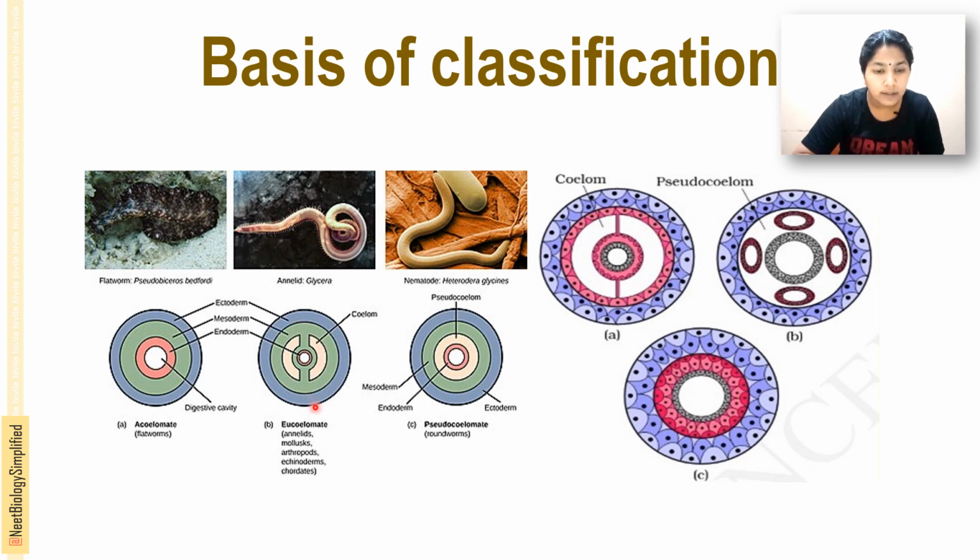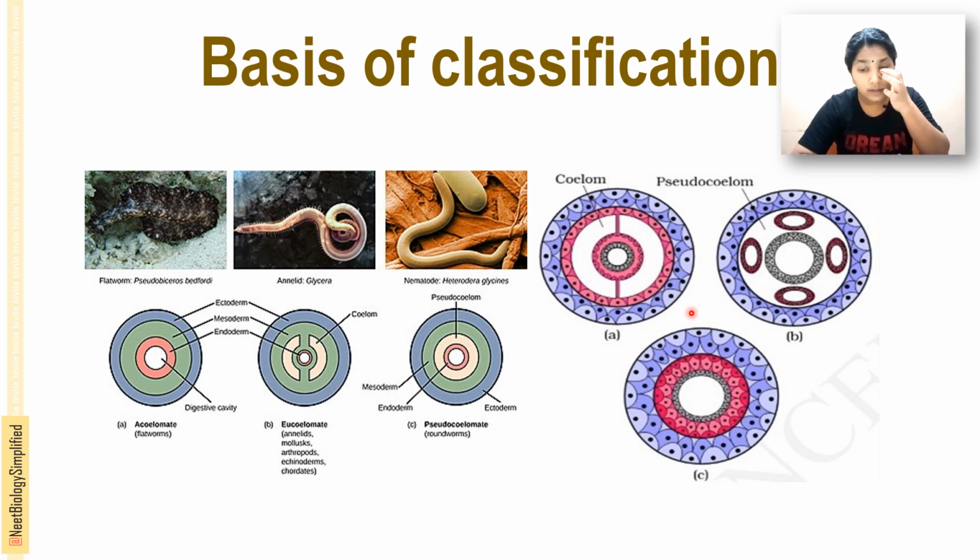Coelomates are annelids, mollusks, arthropods, echinoderms, chordates. Acoelomates are Platyhelminthes, and pseudocoelomates are Aschelminthes. And here, see triploblastic, diploblastic, and in this you can see that coelom is there, a white semi ring is there on either side, that is called coelom.